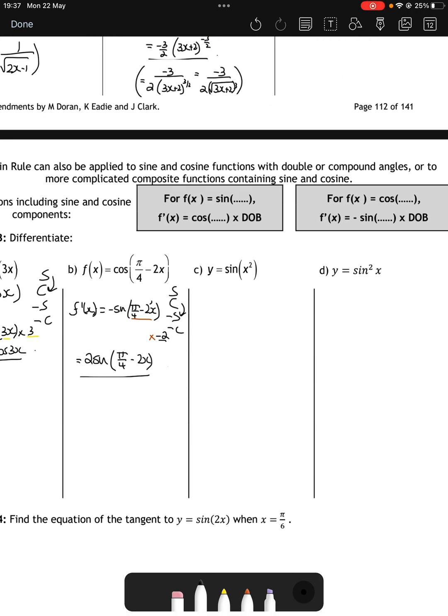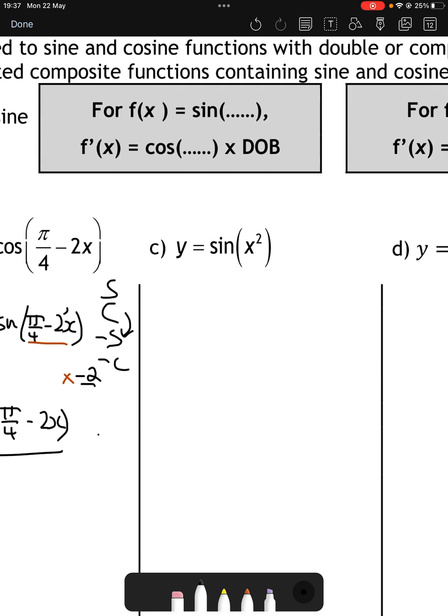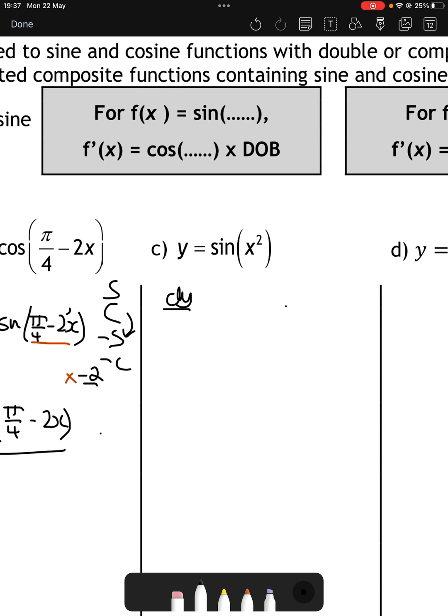Right, next one, we have sine of x squared. Sine goes to cos, did that one in part A. However, look inside your bracket. 2x.